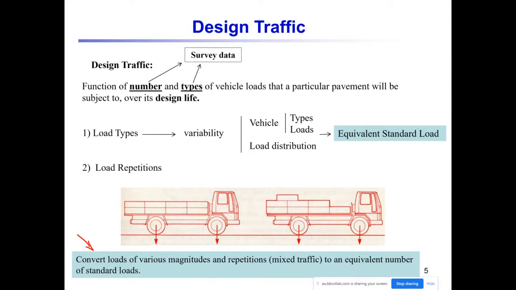But before I define this standard load, how can we determine the number and the types of the vehicles? This is coming from the survey data or from the WIM survey, Weigh-in-Motion survey, that I will explain later.